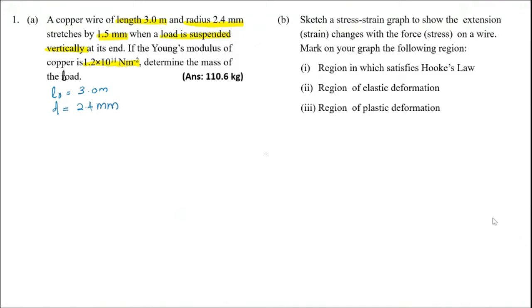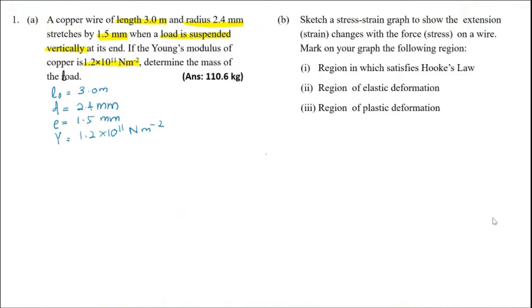And then the elongation is also given, which is 1.5 millimeter. And then the Young modulus of the copper wire is 1.2 times 10 to the power 11 Newton per meter square. So how to determine the mass of the load?